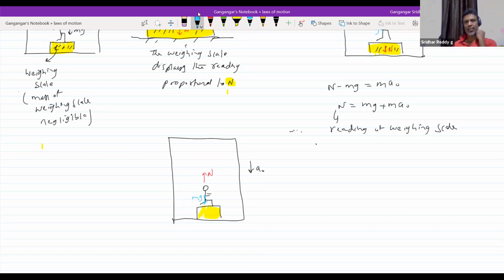What is the equation? It should be mg minus N equal to ma naught. So N equal to mg minus ma naught. I think the person will feel happy now. The person will definitely feel happy when the lift is descending.